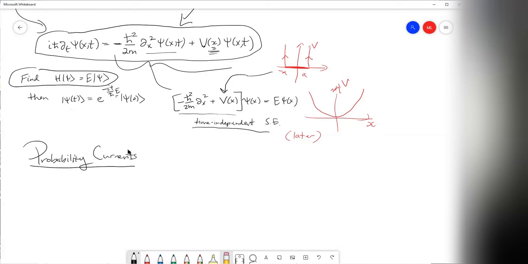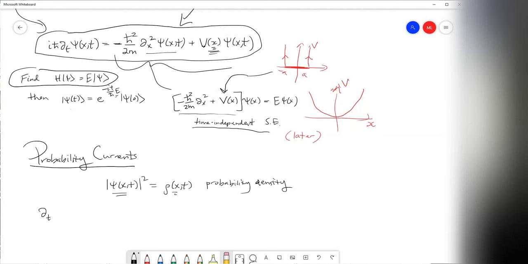So we saw that the probability density of observing a particle at some position x at time t is given by psi squared. This is the probability density. We have to integrate over x to find the particle in a particular interval in x at time t. But you can actually see how this thing evolves in time.